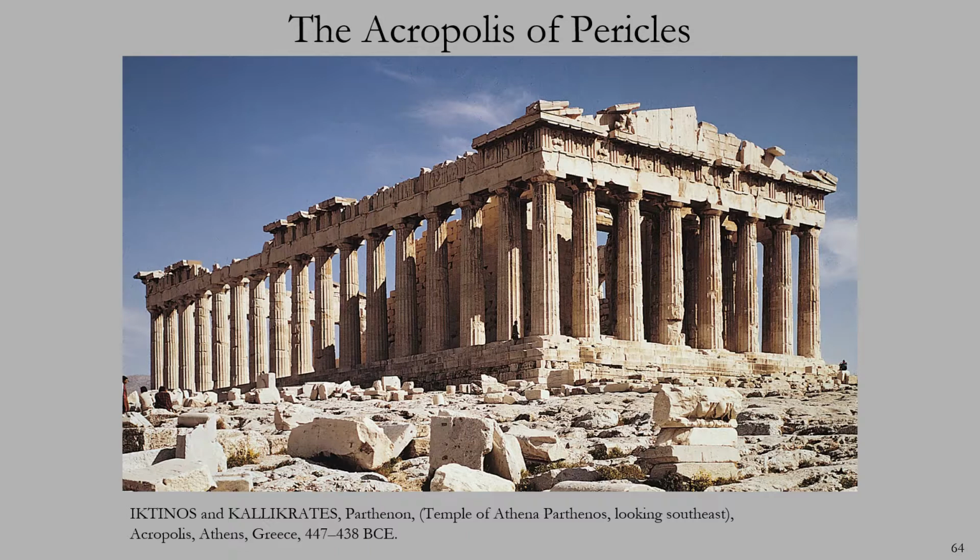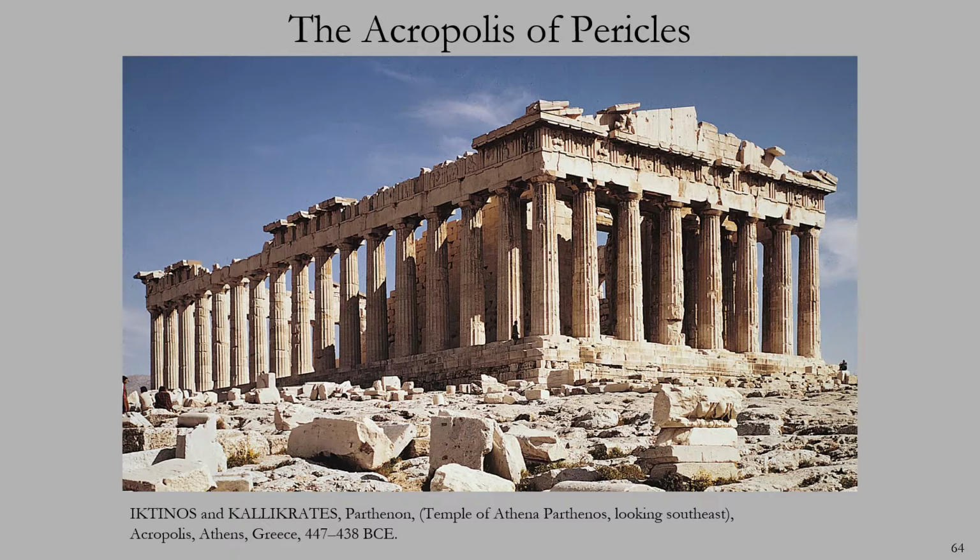This is the Acropolis. This is the main building, the Parthenon. This is the main building on the Acropolis. It was built by a guy named Iktinos, and then there's Callicrates again. Although they didn't design the whole complex.